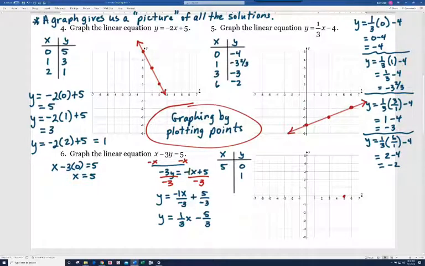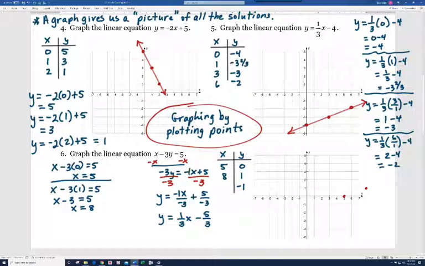And let's go ahead and plug in 1. So x minus 3 times 1, that's going to be x minus 3 equals 5. We'll add 3 to both sides, and we get 8. So (8, 1) is on the graph. Kind of takes me off the grid there. And then let's plug in negative 1 for y.